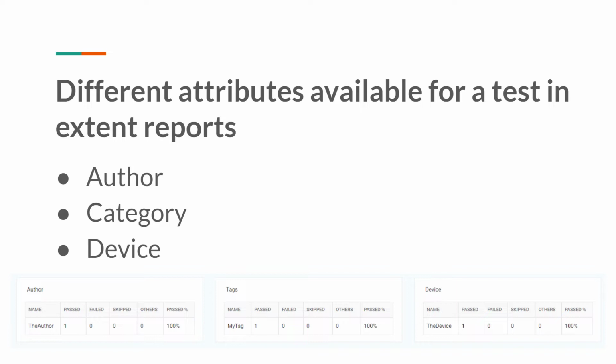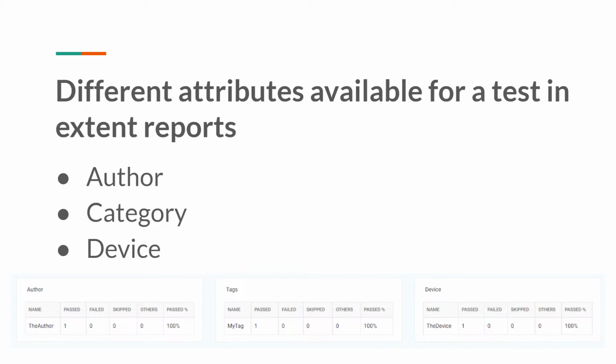The next thing is category. This category is also called groups in TestNG and tags in Cucumber. In every tool we have a different name, so combinedly they have given a meaningful name, that is category.